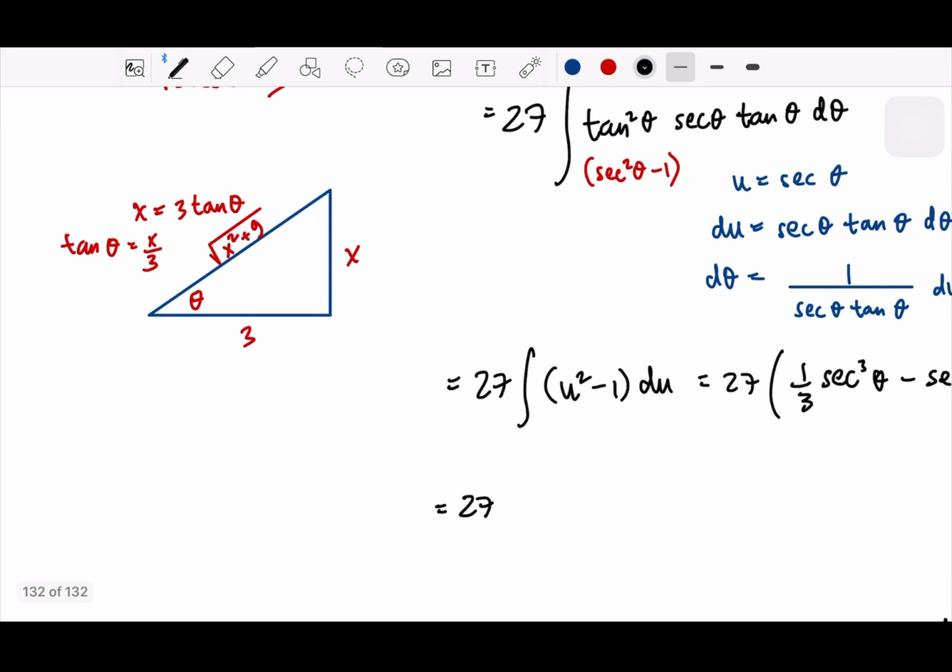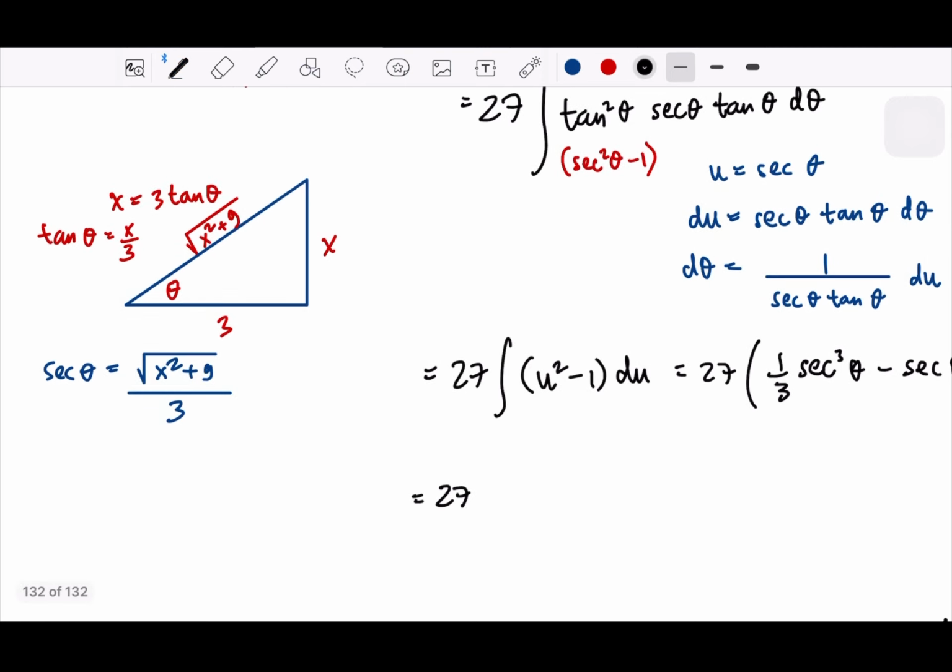So the secant, we write here, secant theta is square root of x squared plus 9 divided by 3. So let's change all of them.